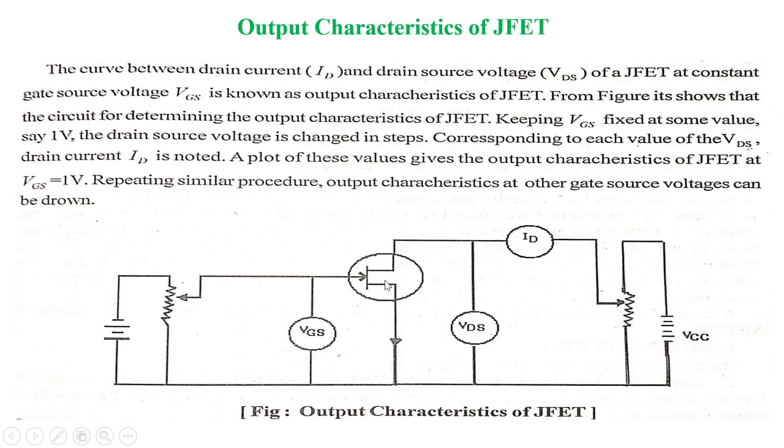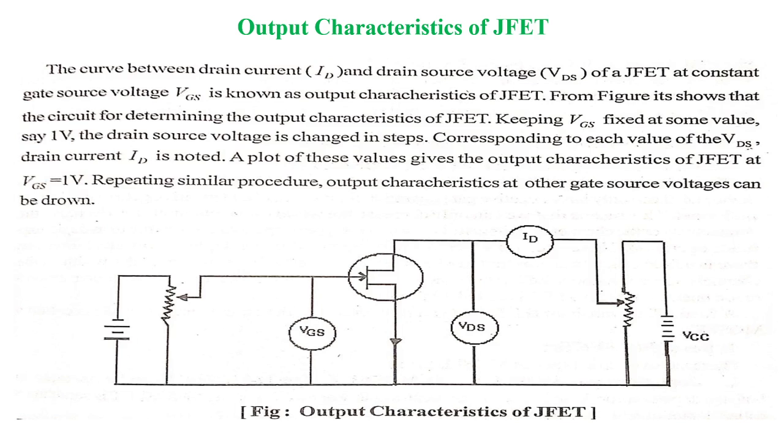Here is the JFET having three terminals, that is drain, gate, and source. Source is connected to ground. Now VGS is kept fixed at some value, that is 1 volt.